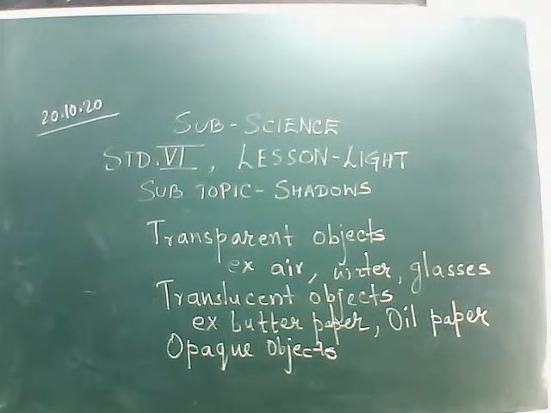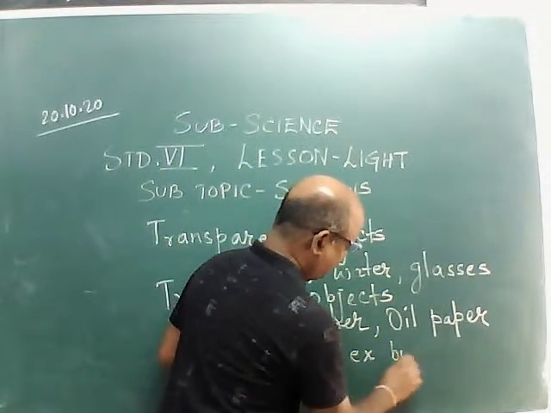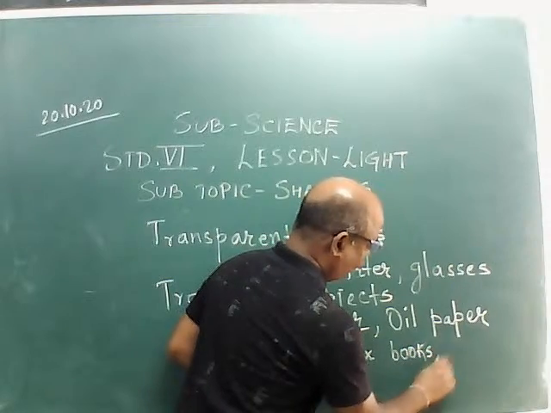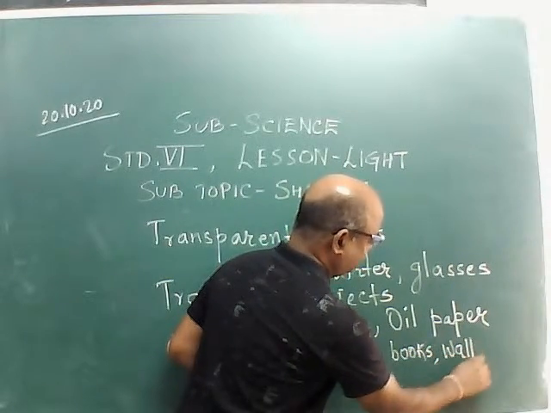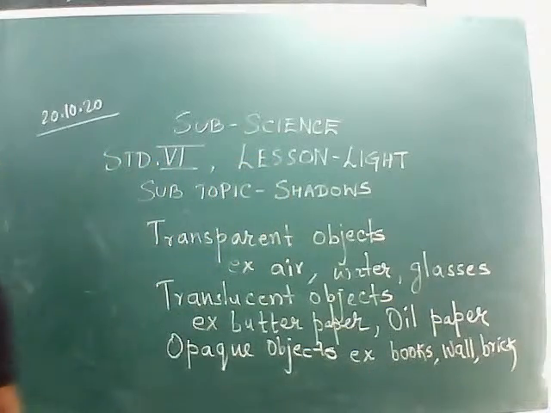Very good. Opaque objects do not allow light to pass through. Tripathi and Shardul gave correct answers. All of you are giving very correct examples: book, wall, brick. This we studied yesterday.